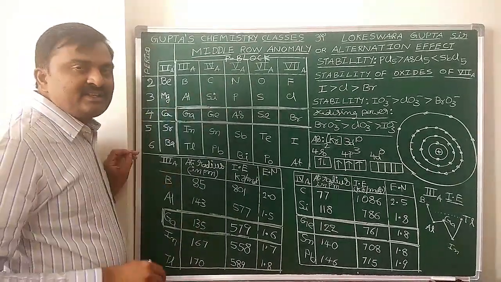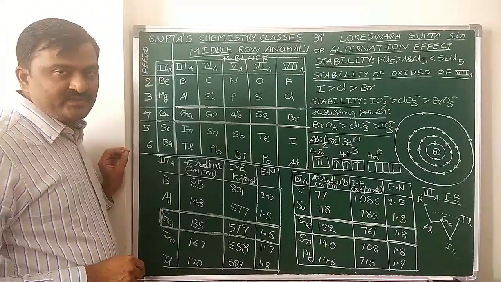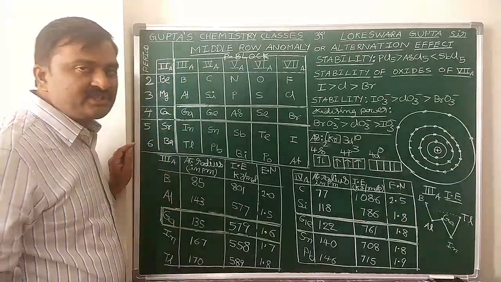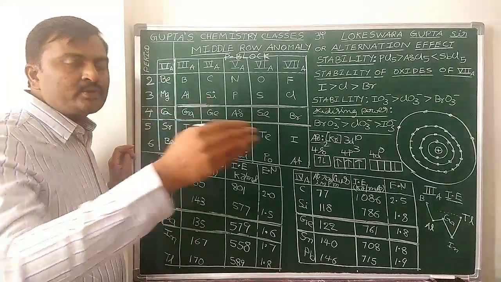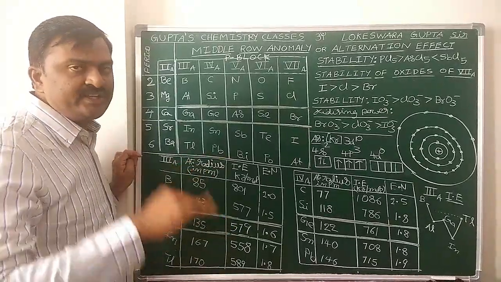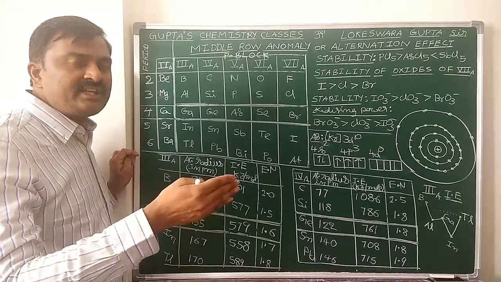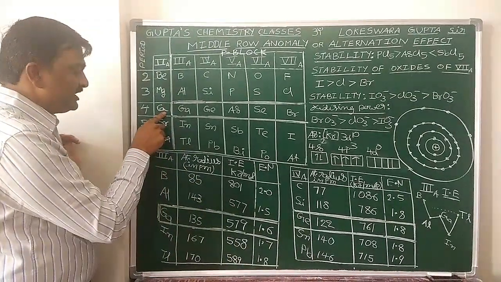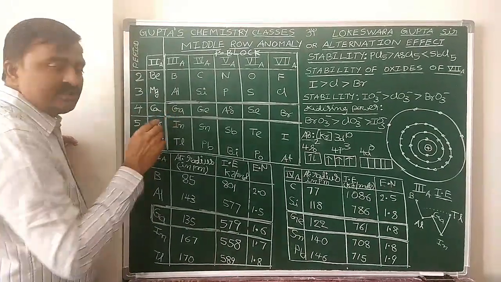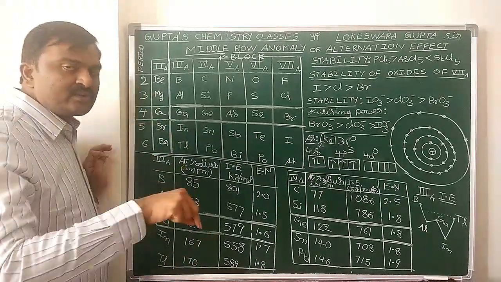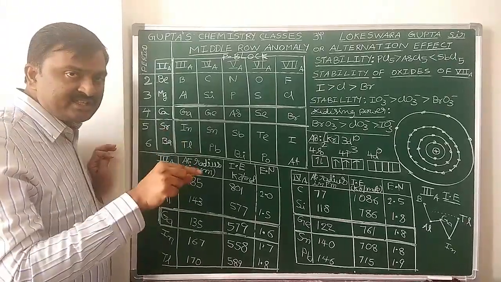See, Lanthanide contraction is familiar. Because of lanthanide contraction, except in the 3B group, in the remaining groups of the d block, 4d and 5d series elements have nearly equal atomic radius. In the same way, in between calcium and gallium, 3d series 10 elements are there. For those 10 elements, atomic radius decreases.